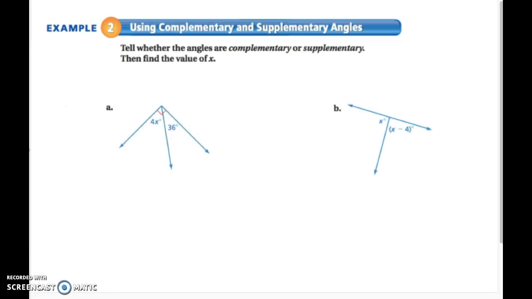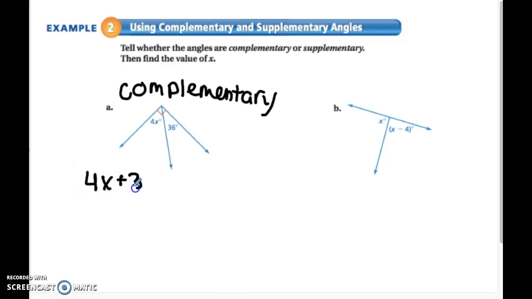And we have one last slide. We want to tell whether the angles are complementary or supplementary, then find the value of x. So in A, we see this is a right angle, so this is complementary. And to find the value of x, we can say 4x plus 36 equals 90.